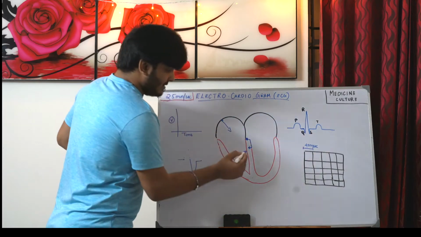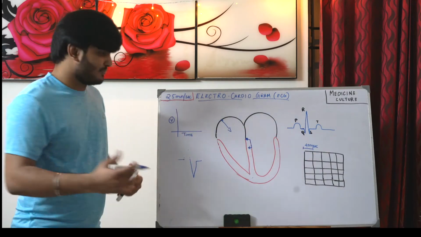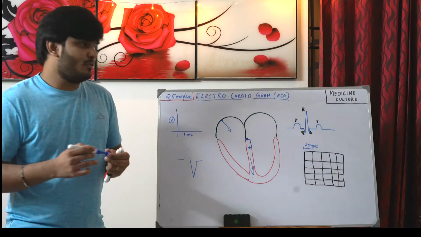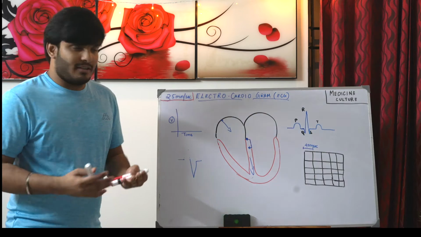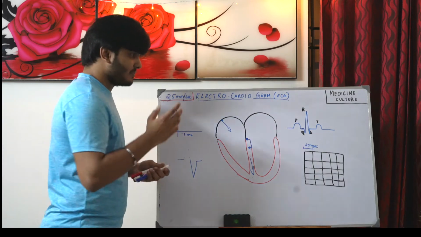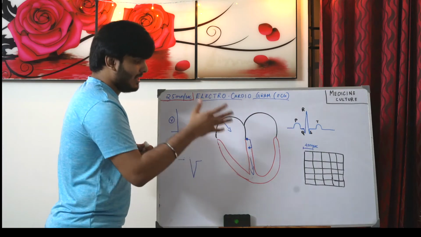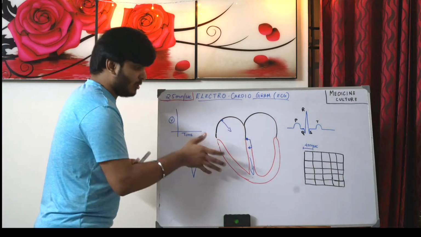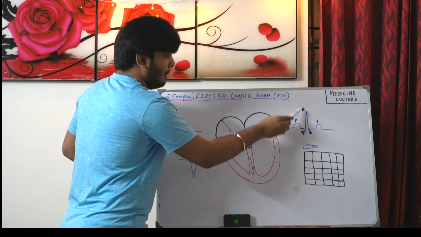Now the impulse travels along the bundle of His, and to the Purkinje cells, to the ventricular cells, the ventricular cardiomyocytes. What has happened is that this current now is going along the axis of the heart. Now we see a big R wave.